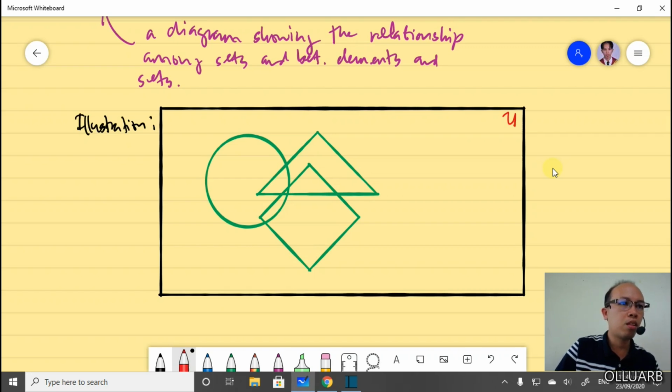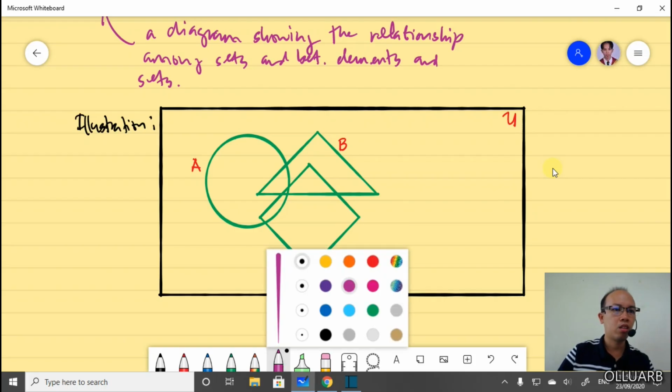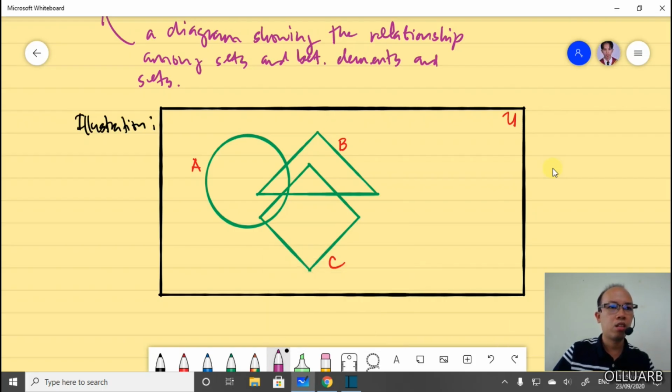Okay, if you have a set, this set here, let's have this set D. And you have an object here, for example.